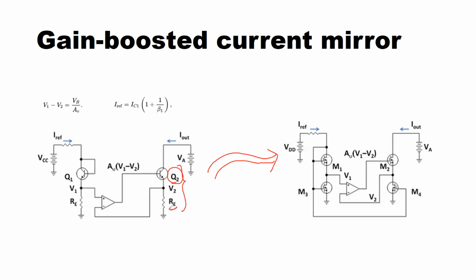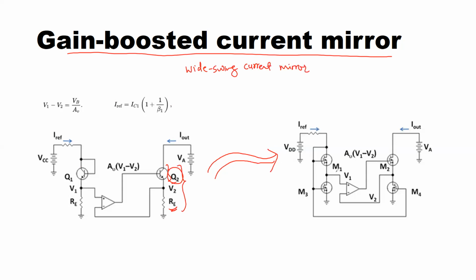So you have the use of RE and you have these transistors. So that's the minimum drop that you need to maintain across the transistor to make sure your current mirror will work. So this kind of current mirror is also called a wide swing current mirror.